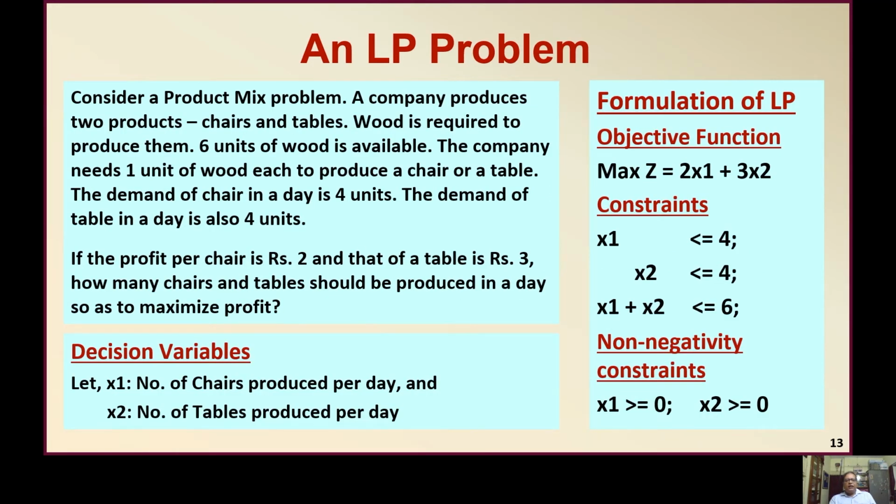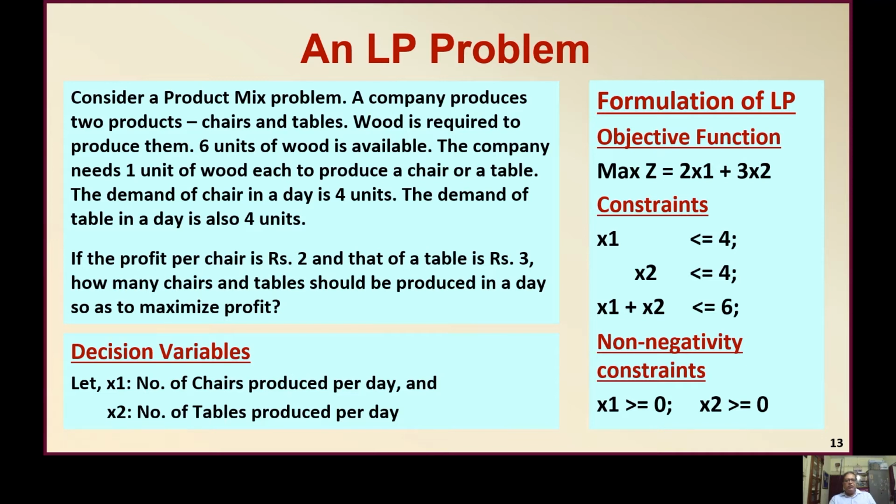So this is what is written here. The decision variable x1 is the number of chairs produced per day. X2 is the number of tables produced per day. The objective function is maximize z equal to 2x1 plus 3x2, because profit per chair is rupees 2 and profit per table is rupees 3. And what are the constraints? As I discussed, x1, the number of chairs, is less than or equal to 4, and x2 is less than or equal to 4. x1 plus x2 is less than or equal to 6.